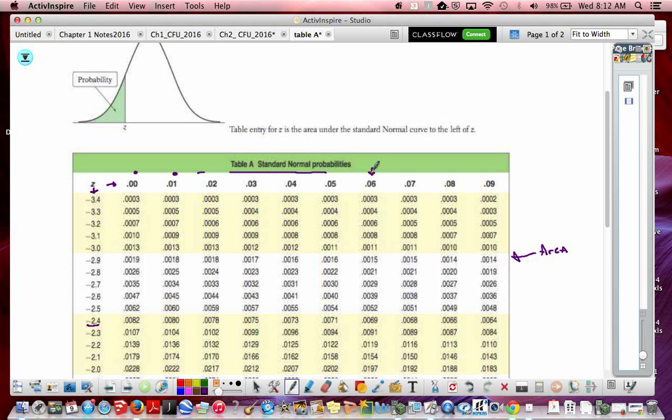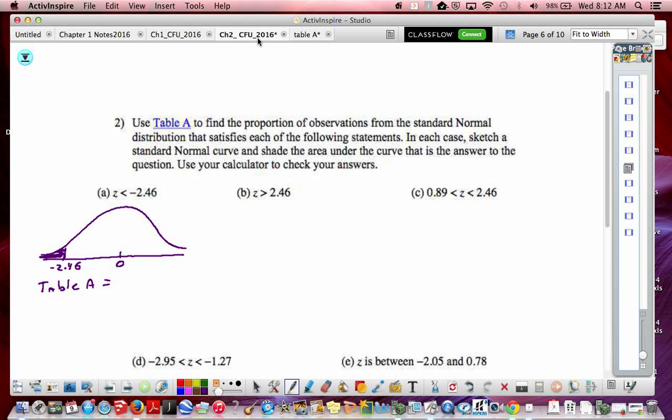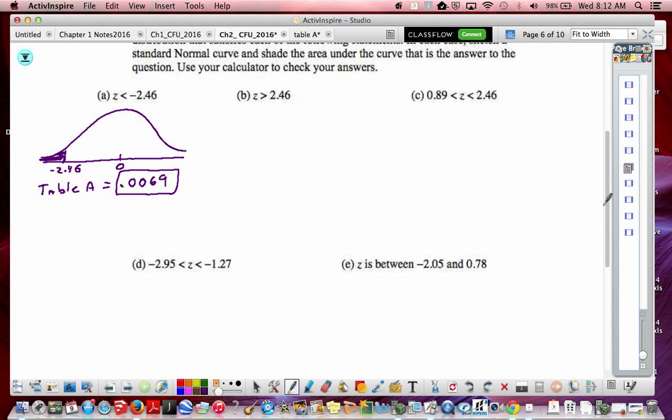So I look at where that row and that column intersect. And they're intersecting here at 0.0069. So that's my area, 0.0069. Got my answer.